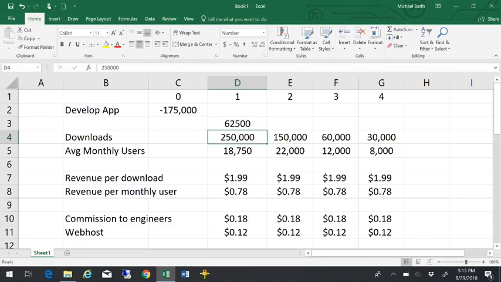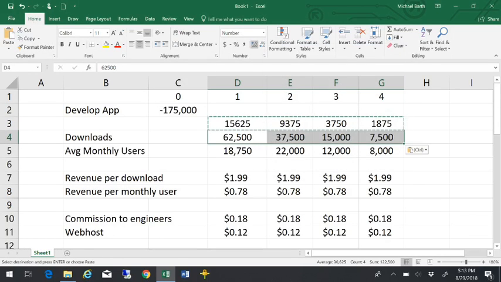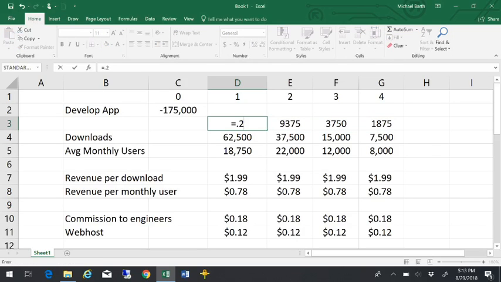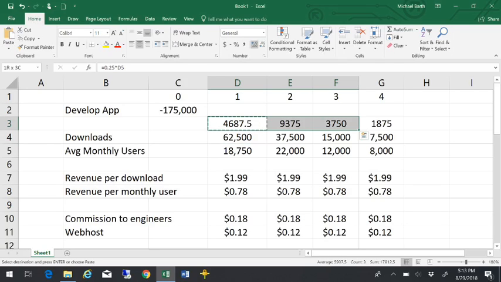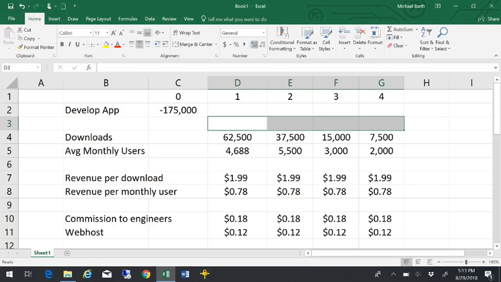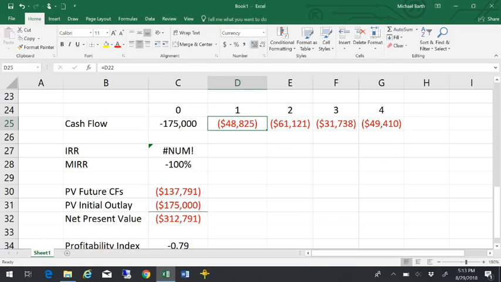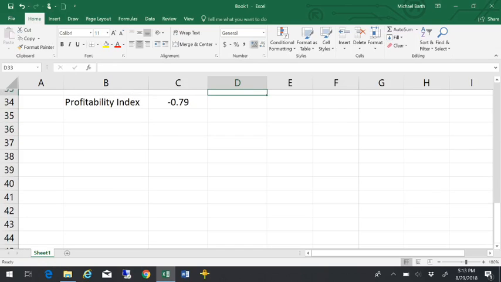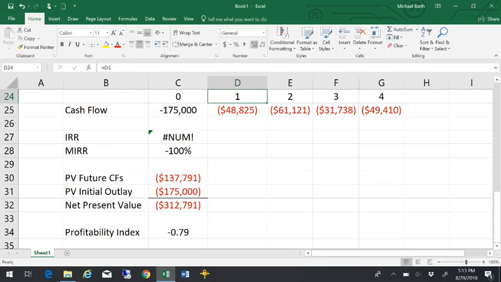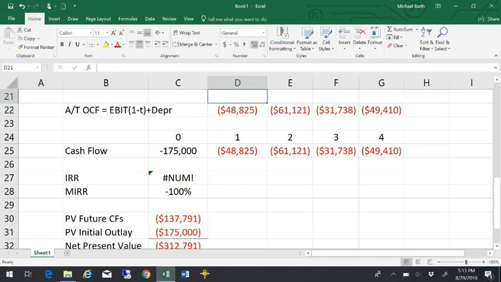what if this is only about 25%, meaning that I overestimated the living bejesus out of it, which would mean that more than likely my average users is going to be a little bit lower. And so if I go in there and do a little what if, uh-oh, then it turns into the worst idea anybody ever had.